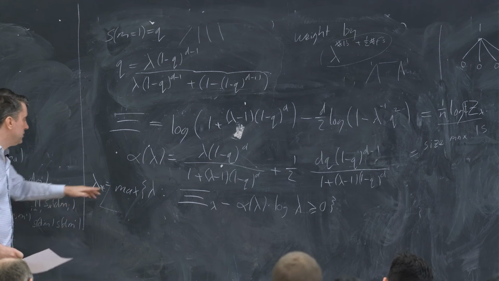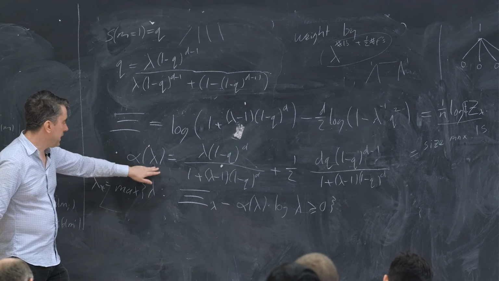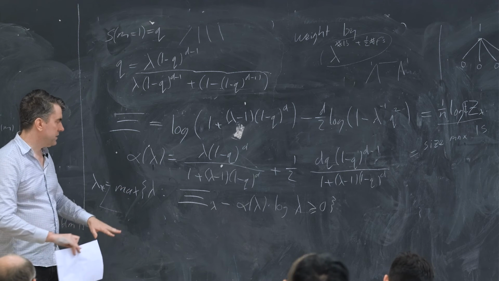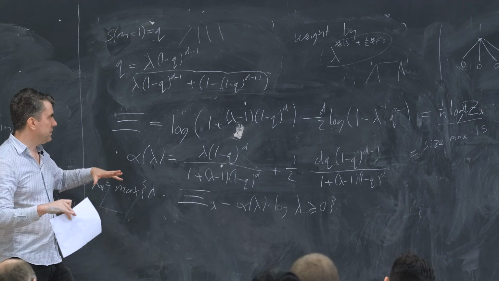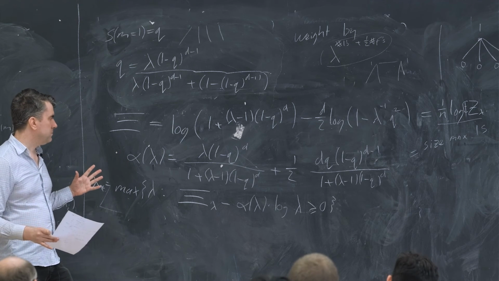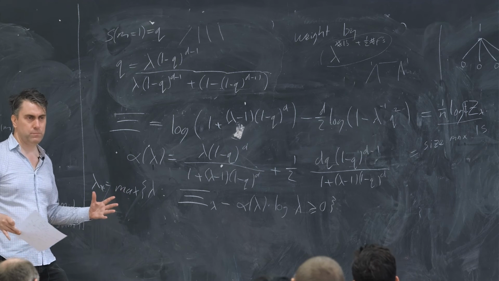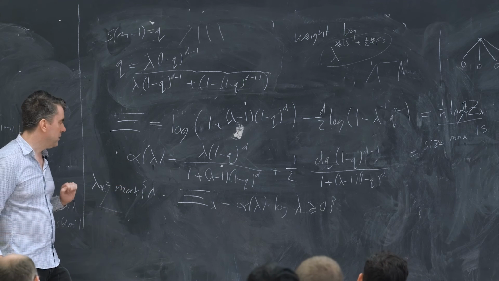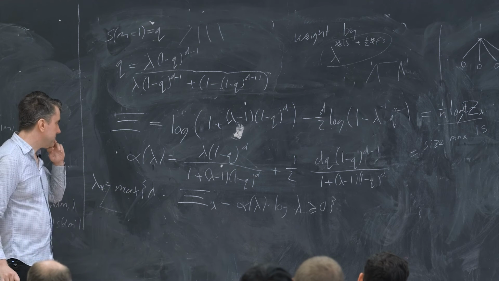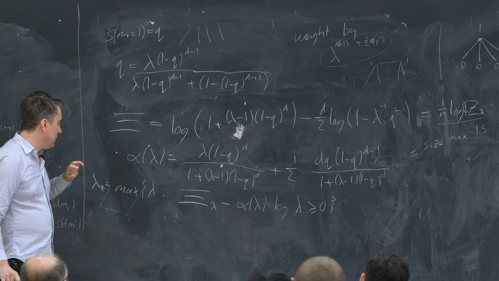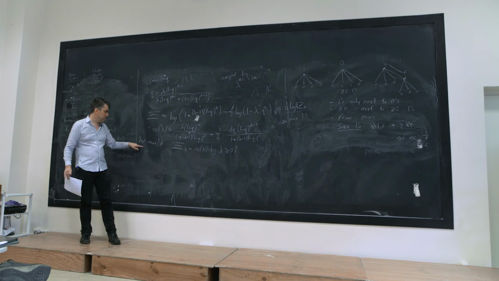So we tune this fugacity lambda to get the biggest size of these 0, 1, free configurations, such that we still have some of them, and then take the biggest one.